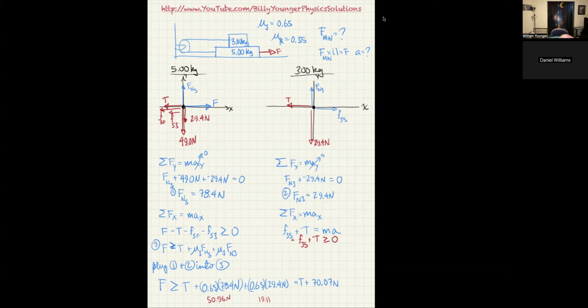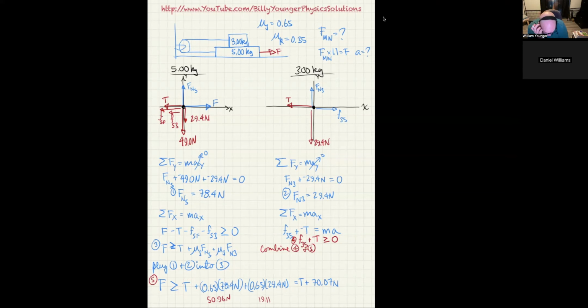Then we could call this equation 4, and we could combine it with this, which I call equation 5. What I mean by that is I'm actually going to add these two together because I have a positive T in this one and a negative T in that one. So that can actually cause the T's to cancel out.